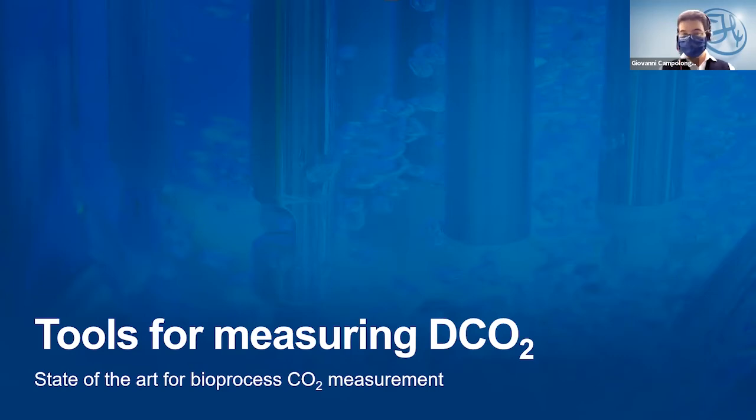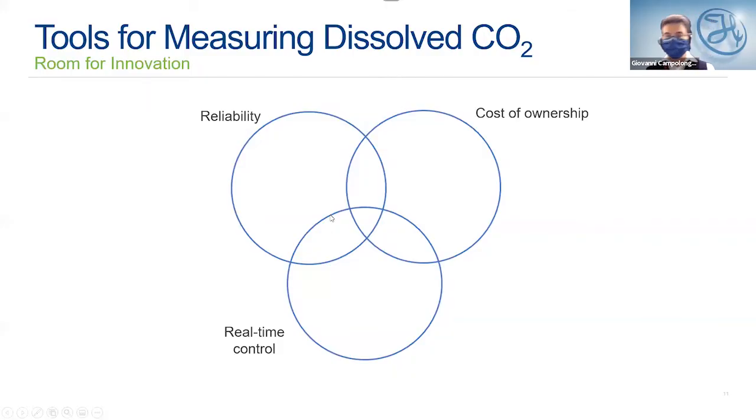And we looked at dissolved CO2 after pH and DO. And as Kelsey said, what is important is that you can control it. And the basis for a reliable control is that you can trust the measurement that you use in order to develop this automatic control loop.